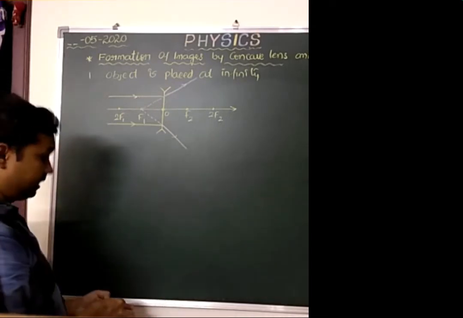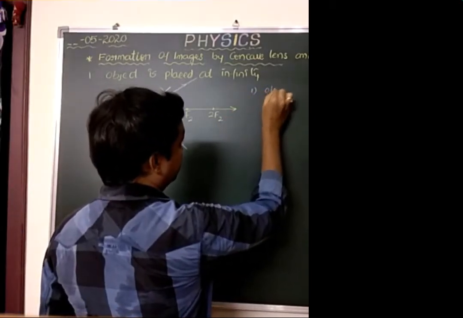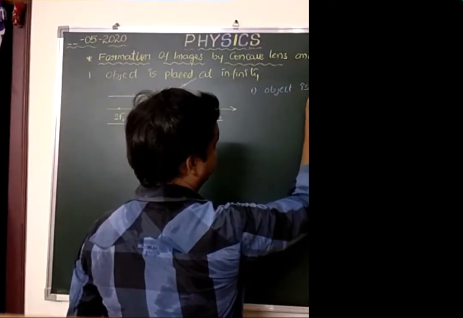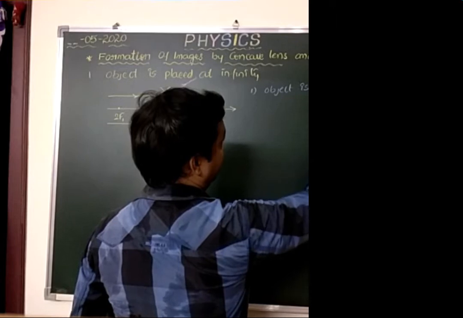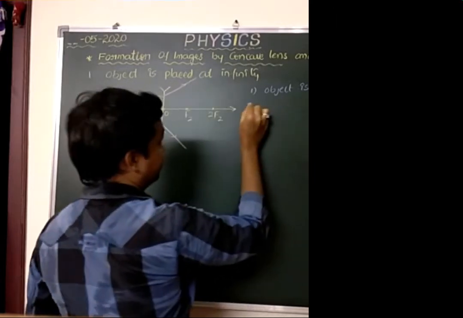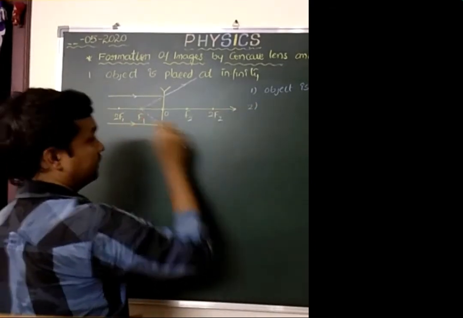Right now, characteristics. Object is at infinity. Image is formed at focus.